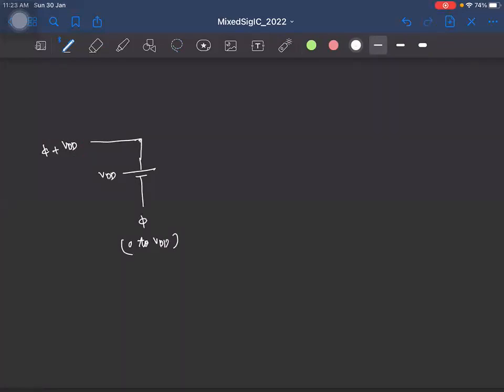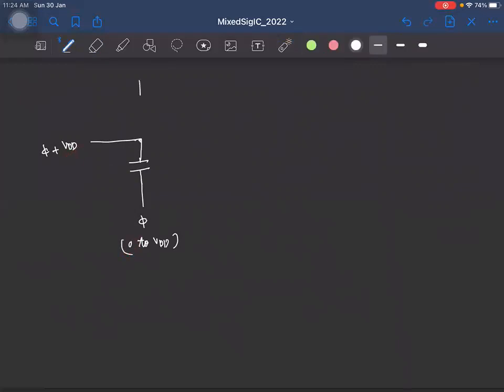But of course, we cannot have an ideal voltage source. So what we do, the same old trick. We use a capacitor that is charged to VDD. So this capacitor has to be charged to VDD. And when can we charge it? Well, when phi is 0, we want the output to be VDD, right?